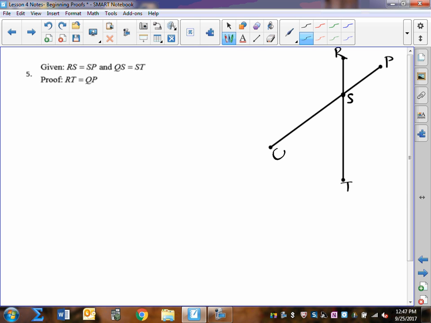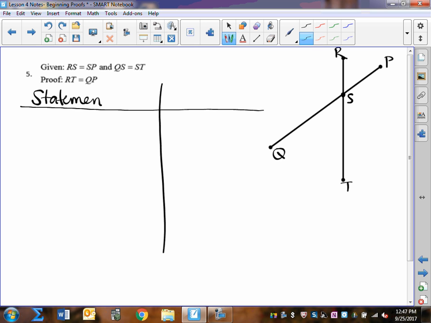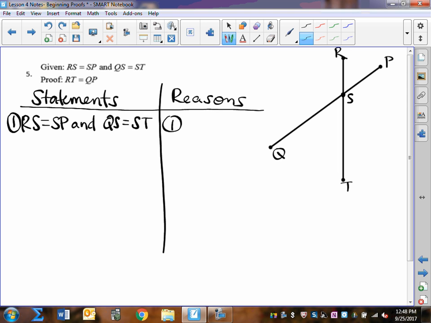So sequence of reasons. Now our first, measure segment RS equals the measure segment SP, and the measure segment QS equals the measure segment ST. That has been given.